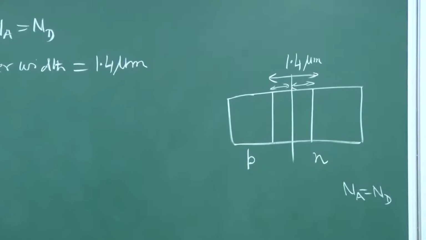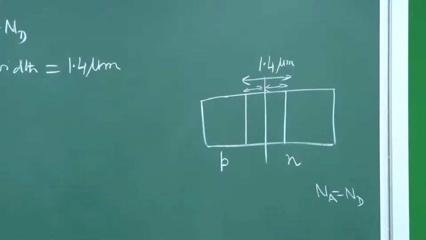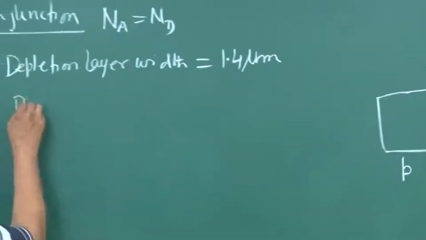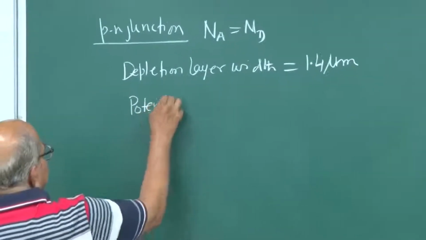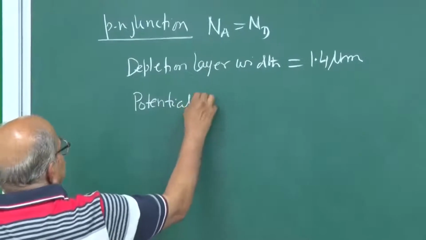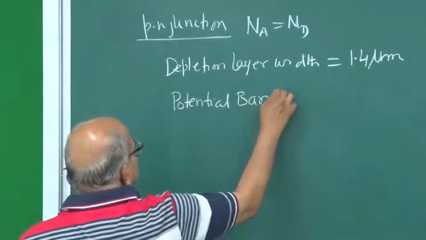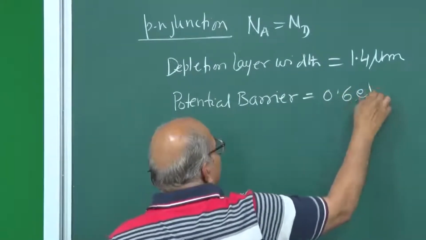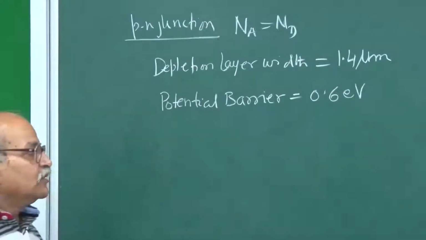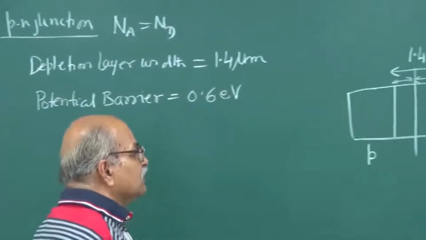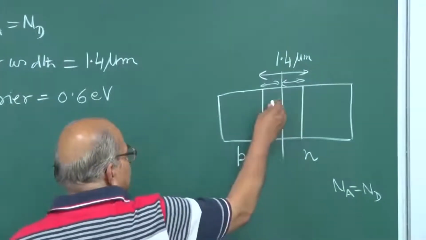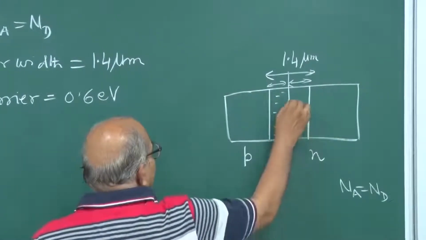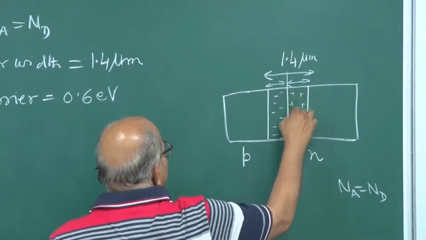The potential difference between the n side and the p side, which is the potential barrier, is 0.6 volts. When the junction is formed, these electrons will diffuse to this side and create negative charges here, and this will create positive charges here.